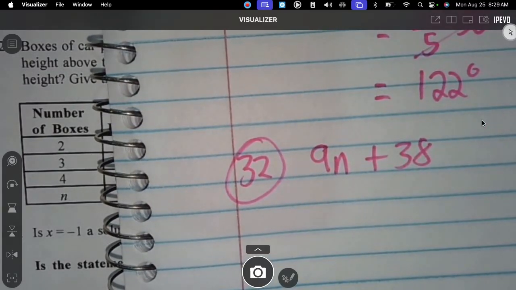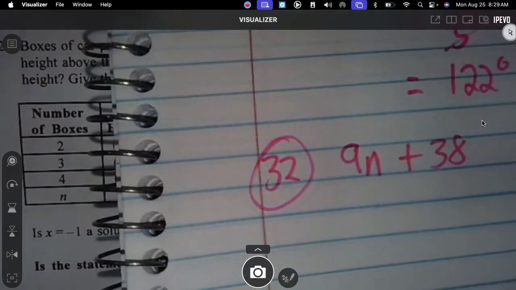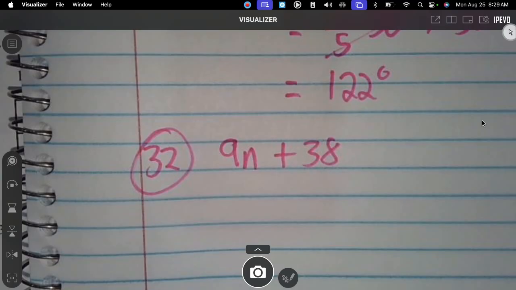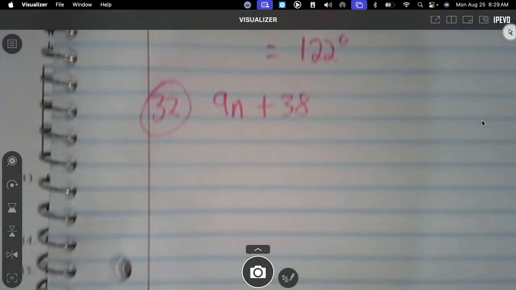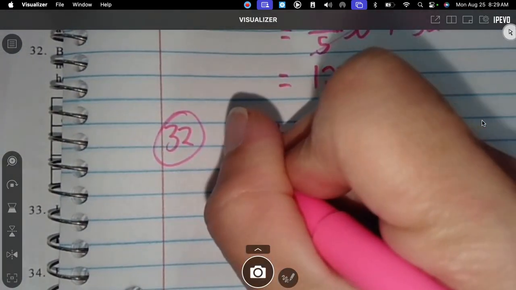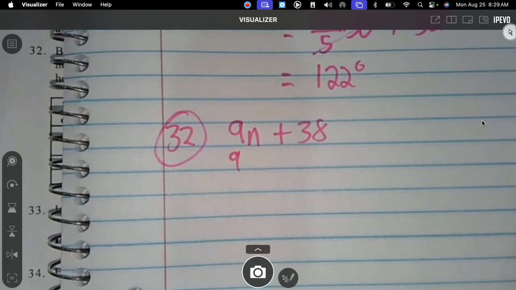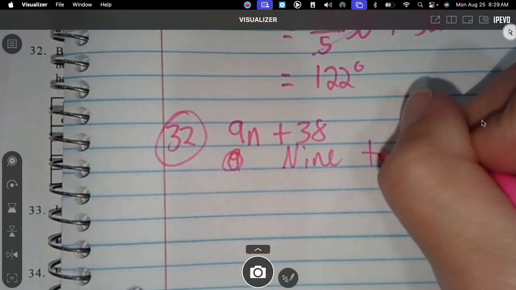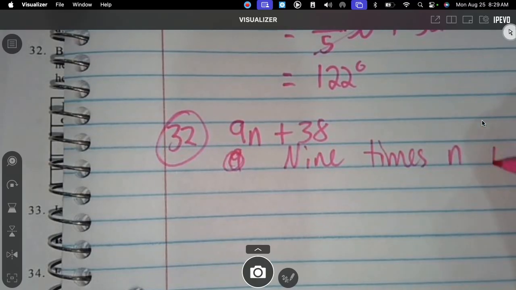That's your expression. And it wants it in words. So I would just put 9 times n plus 38, or 9 times the number of boxes plus 38. Don't miss that one tomorrow. Read the question good.